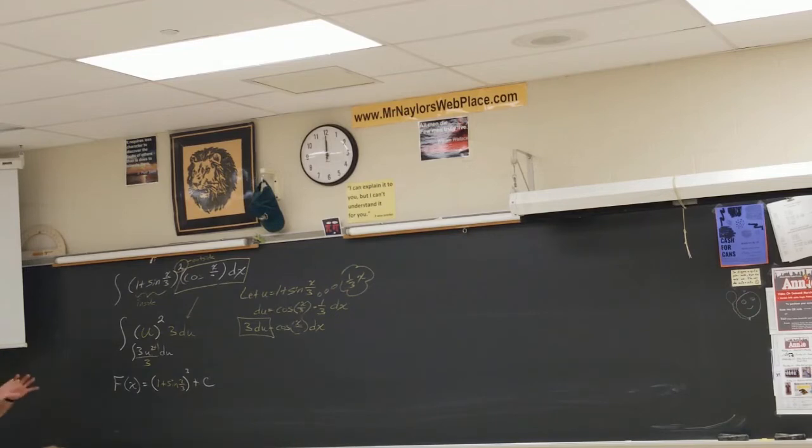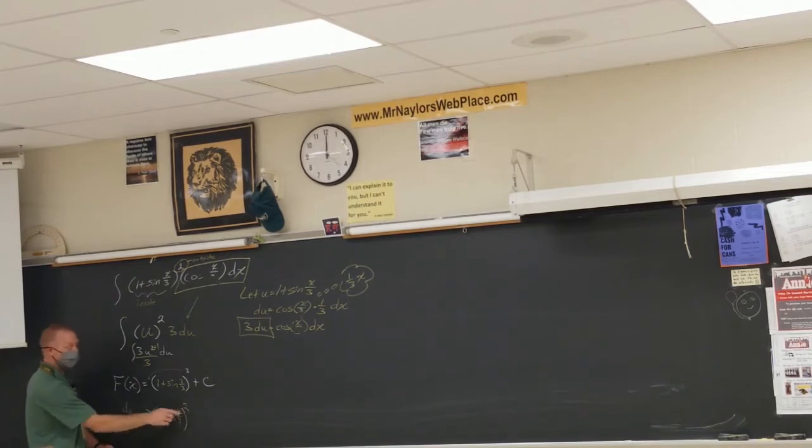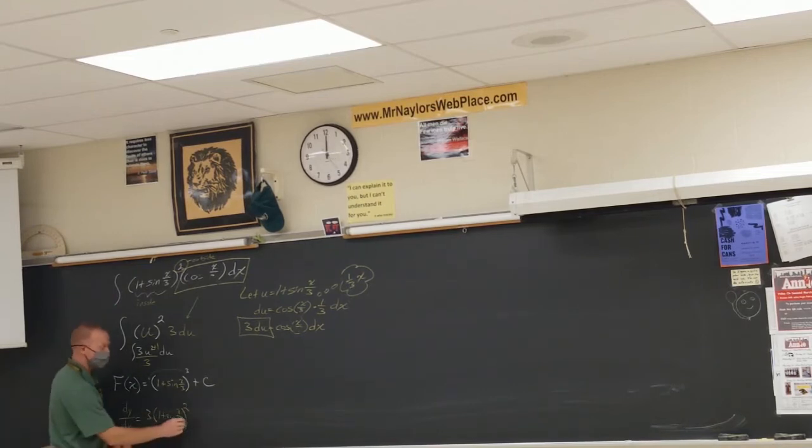Try to keep in perspective this thing right here. We're calling it capital F of x, but if I do its derivative, that is, if I go back, I should end up with this problem. And so if I do the derivative, I'm going to do the derivative of the outside, finish the outside, and then don't forget to do the chain rule.